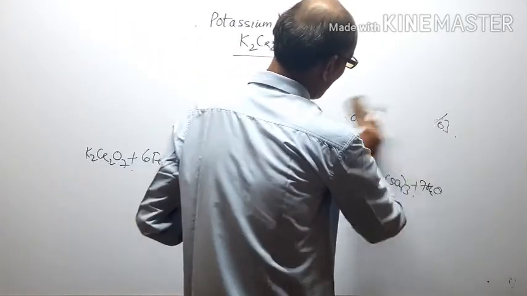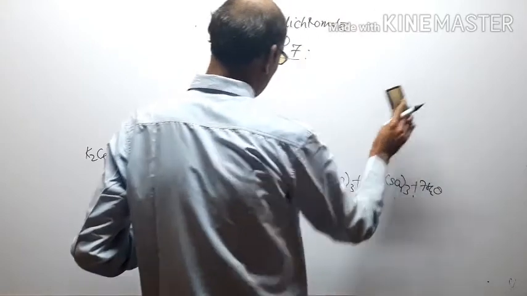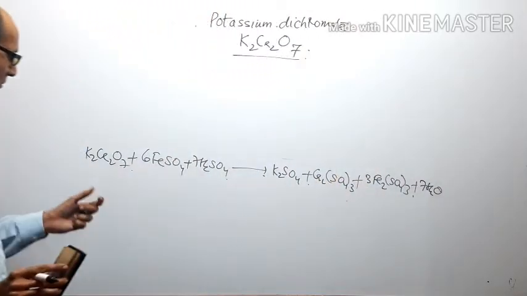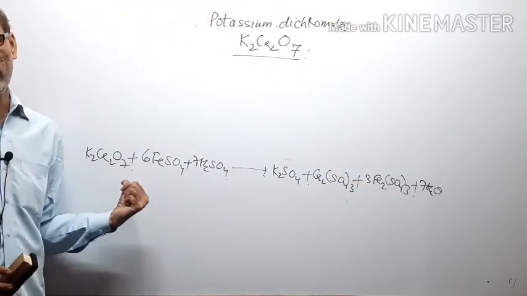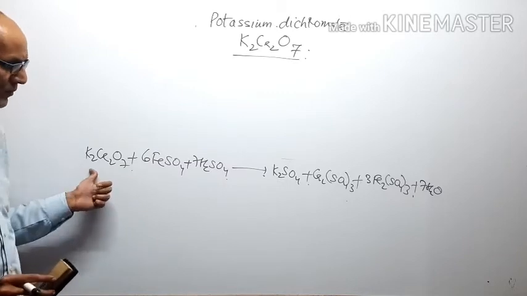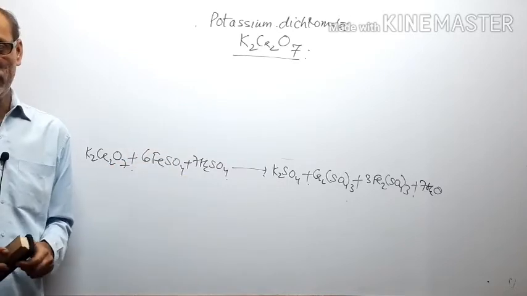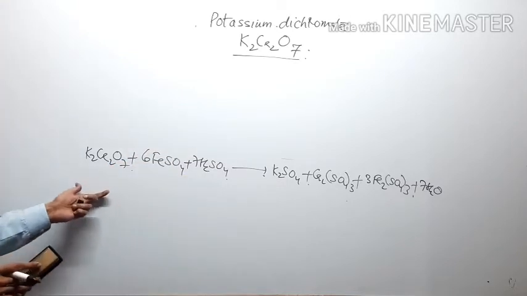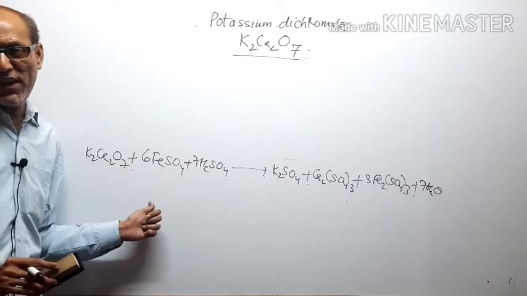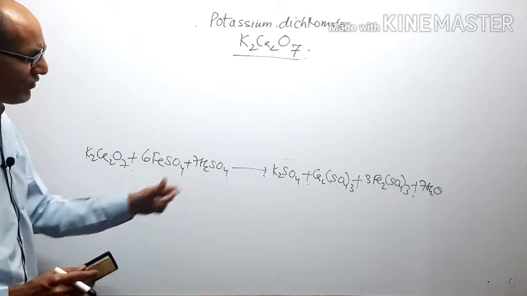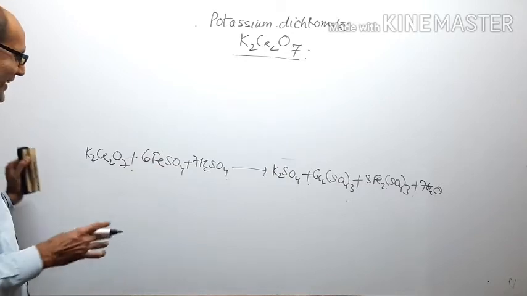Because on the board you will get an ionic equation to write and complete. As you are seeing, this is K and that side also K. There is no variation in the oxidation state of potassium. We can remove potassium from both sides.